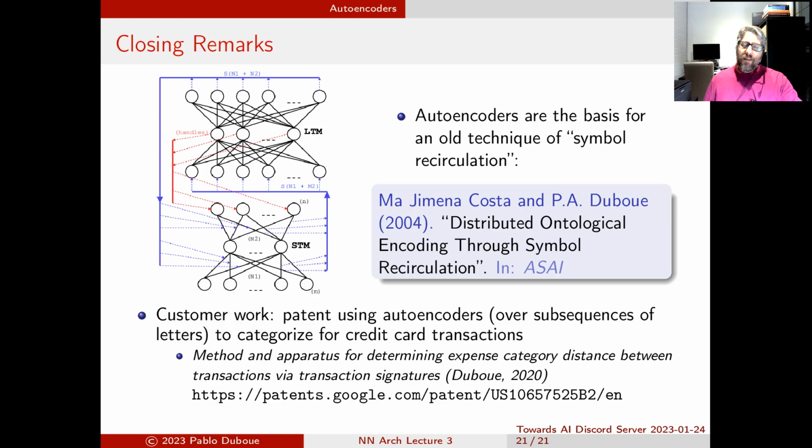Categorizing that into, say, food versus fuel, transportation, and that type of categories is actually quite hard, even for a human. And I found that training an autoencoder over subsequences of characters was producing good results, and that was awarded in 2020 as a patent that is also available in the extra folder.